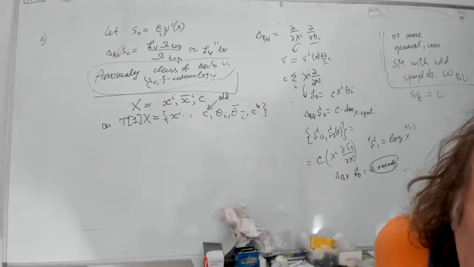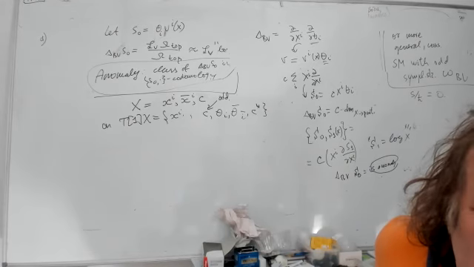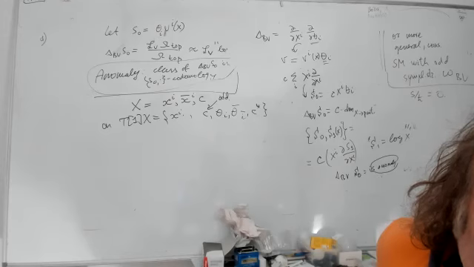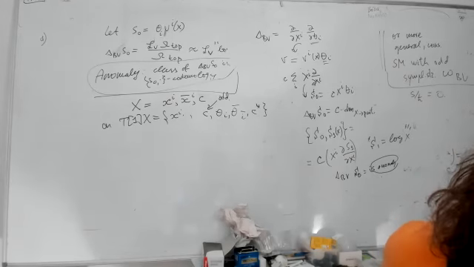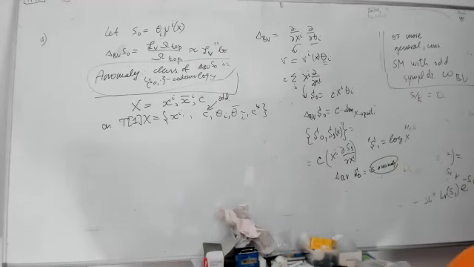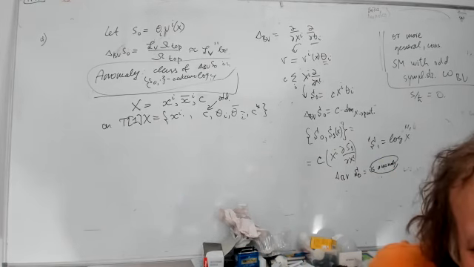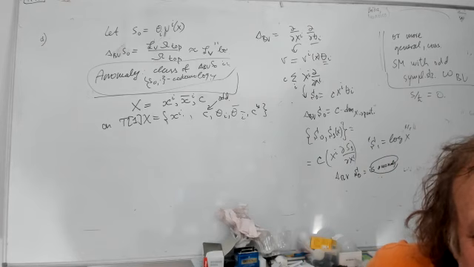So let me first summarize. What we did today, we discussed classical and quantum master equations, their meaning. We stressed the anomaly. You may ask why it is an anomaly. Because you don't see how S0 appears in physics.